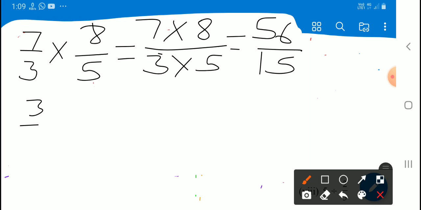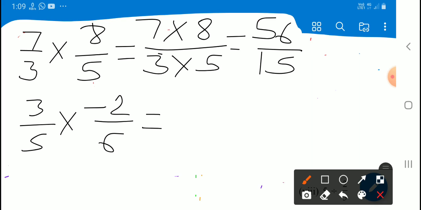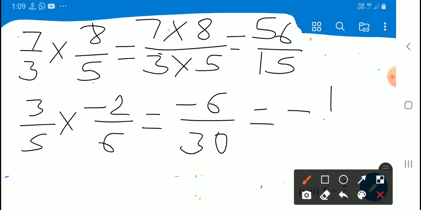3 upon 5 multiplied by negative 2 upon 6. Now 3 multiplied by negative 2 means your answer would be negative 6. 3 2s are 6 and negative sign. 5 6s are 30. Then it is coming in reduced form. 6 1s are 6 and 6 5s are 30. Okay, do you understand this?